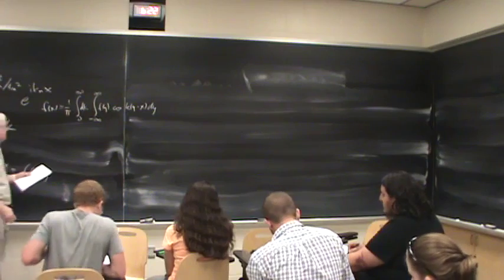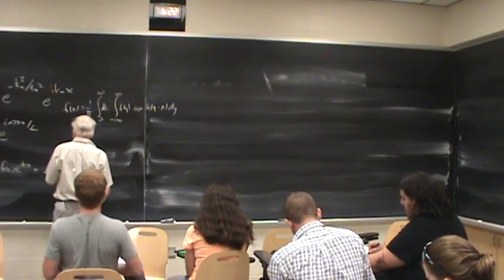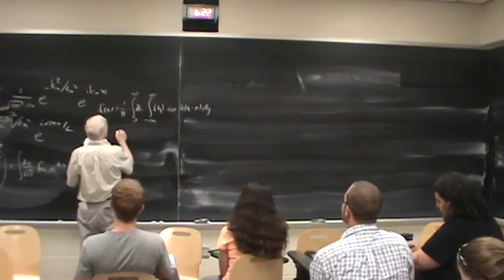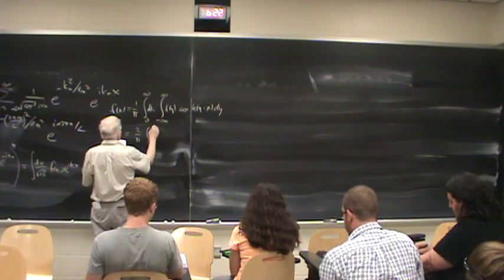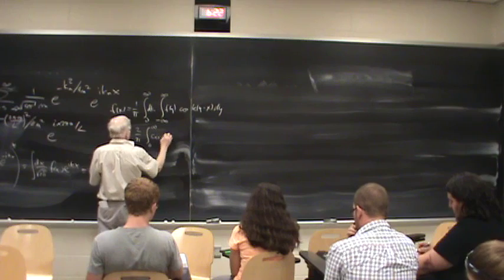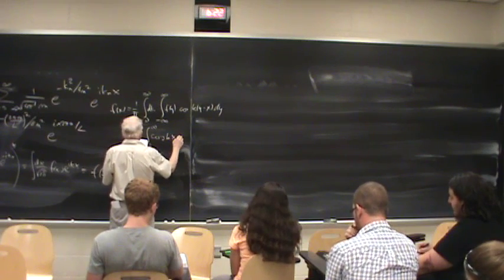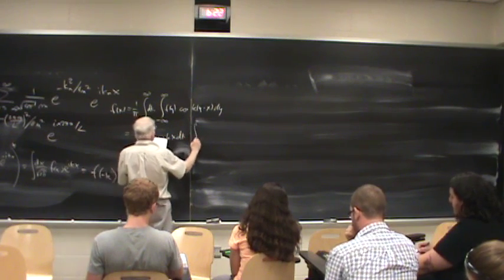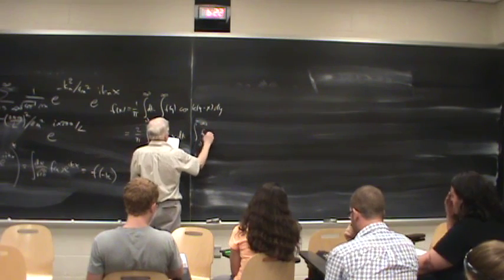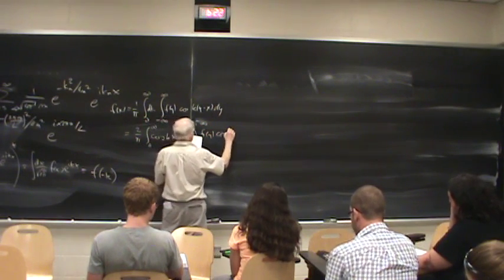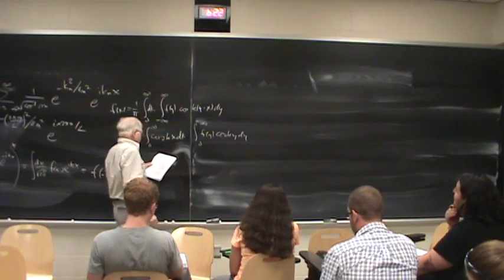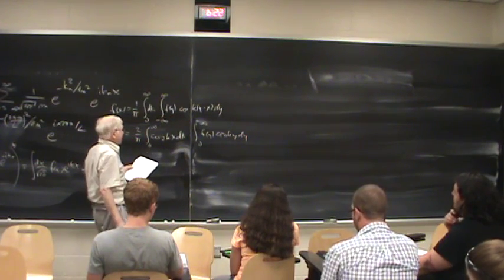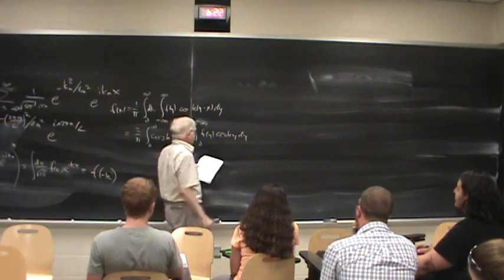But in any event, you can also write this as 2 over pi integral 0 to infinity cosine kx dk integral 0 to infinity f of y cosine ky dy. This is if f is even.